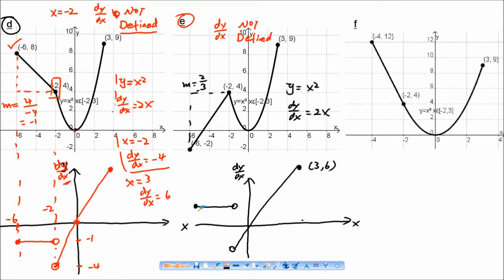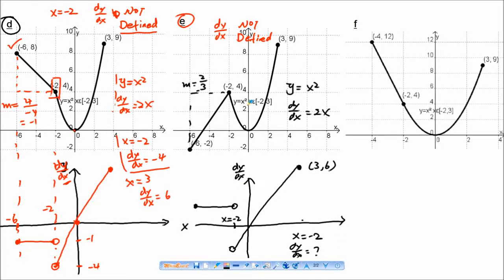Again, this part, the gradient graph is not continuous, so we put an open circle dot at the point of the joint, which is x equals -2. This is simply because when x equals -2, the dy dx is undefined.